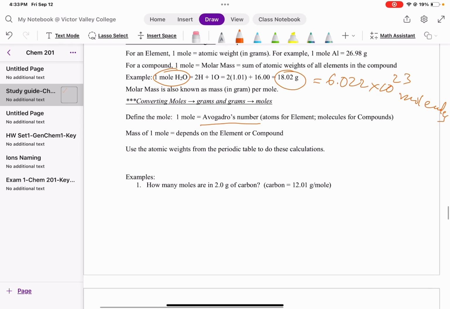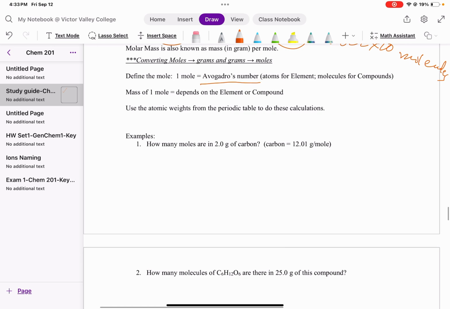Okay, so let's do some conversions. We're going to be converting 2 grams of carbon. How many moles? Here's what we do. We take 2 grams of carbon, and you look up on a periodic table the atomic weight of carbon.